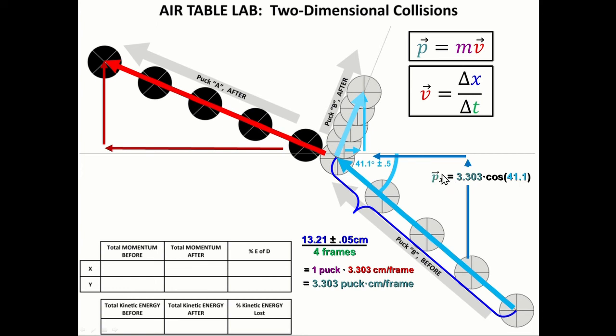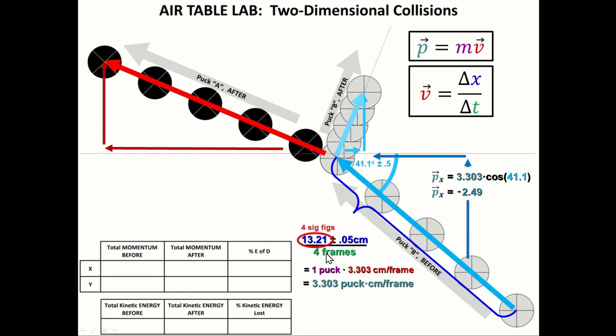So that's how much momentum was in the x direction. And I get 2.49. One thing I have to be careful of is that that was momentum to the left, and left is the negative direction. So I got to drop in a negative there.